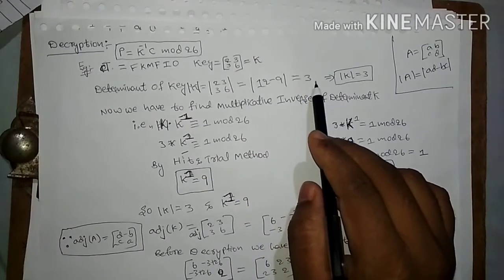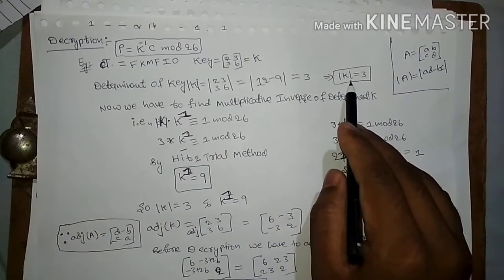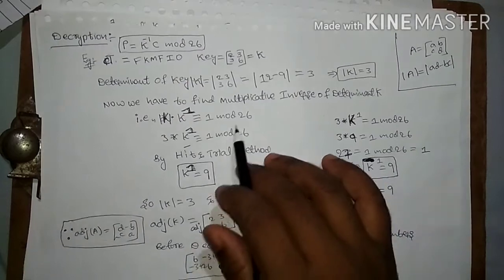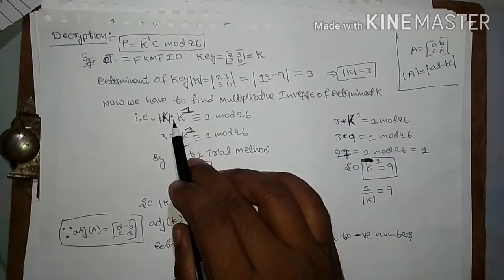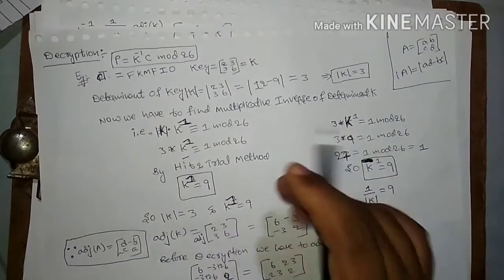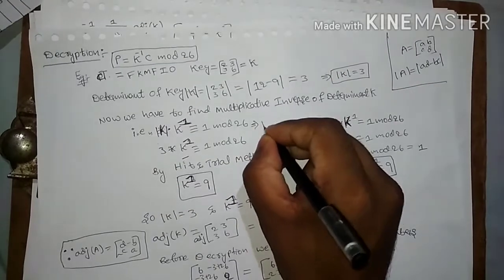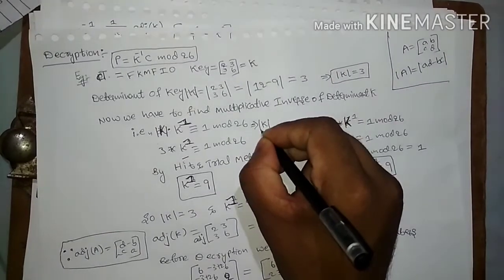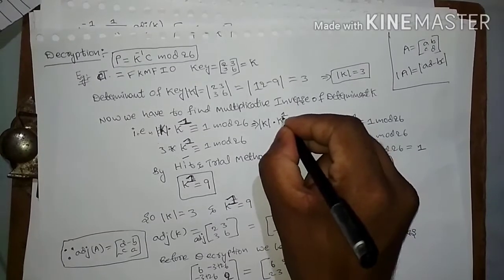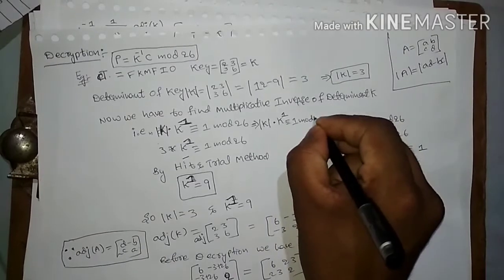This is det K, and the det K value is 3. Next we have to find the multiplicative inverse of det K: det K into K dash equals 1 mod 26. I'm writing once again: det K into K dash equals 1 mod 26.